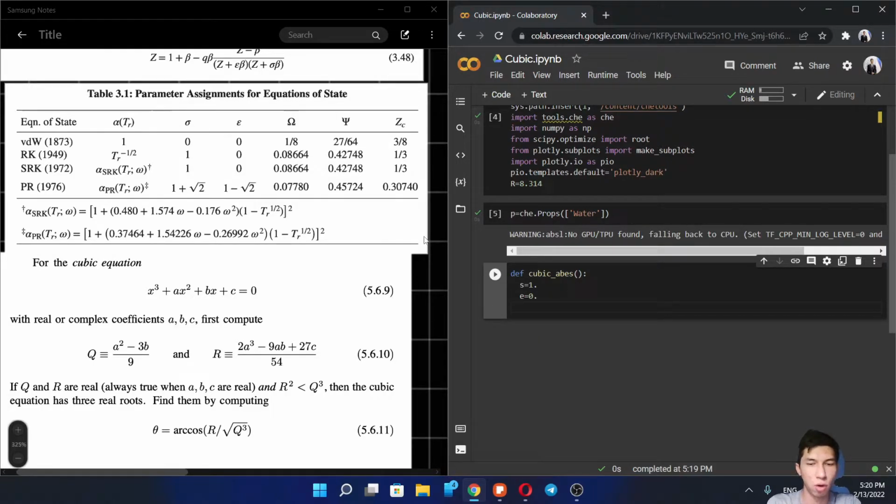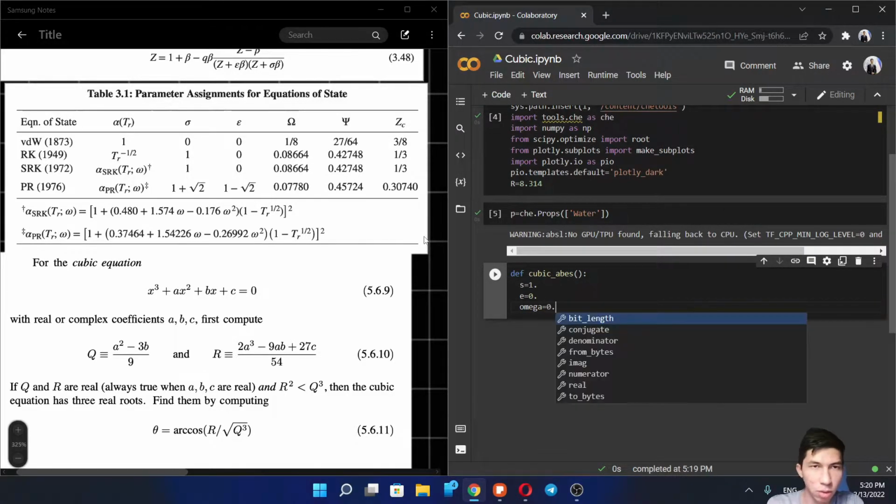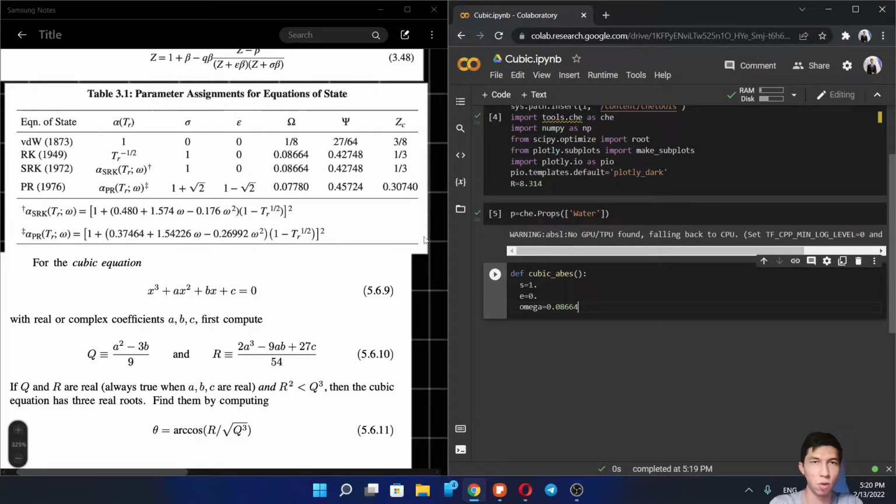And our value for omega, which we will also need while calculating other parameters, is going to be equal to 0.08664. And our value for psi is going to be 0.42748.